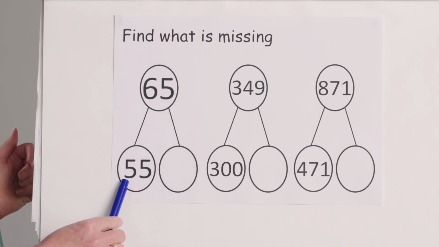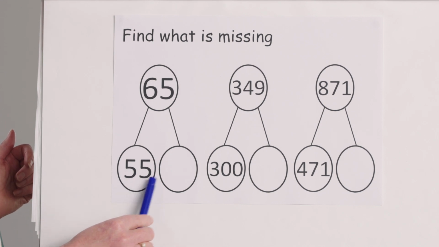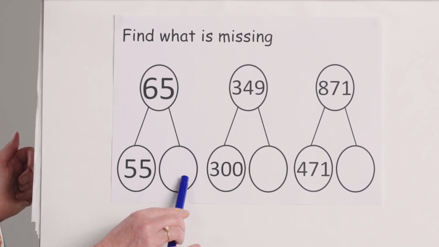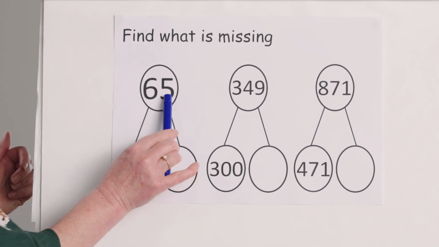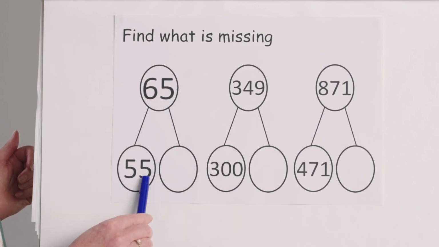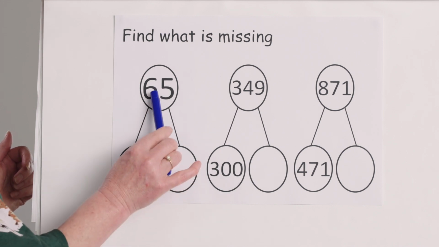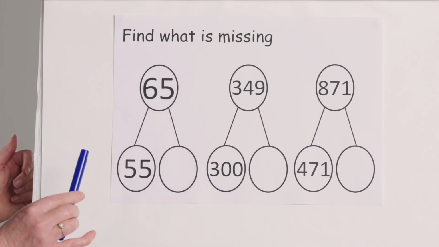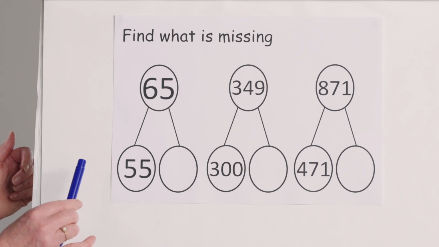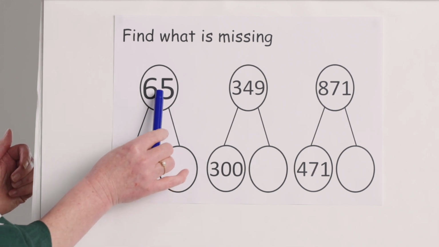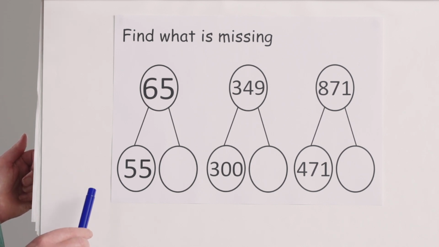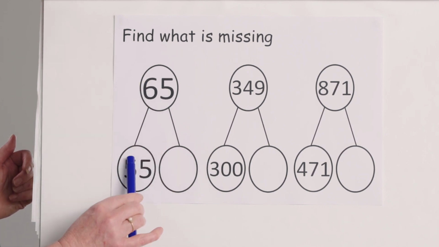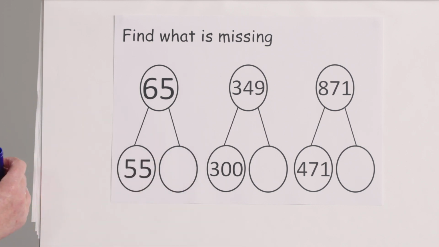One part of 65 is 55, so what is the missing part? So what have we taken already from this whole? We've taken 5 ones and we've taken 5 of the 6 tens available. So what is missing? Perhaps I can think about the difference between these two numbers. I could think about the gap, or I could think about adding on. So what's your answer, I wonder?